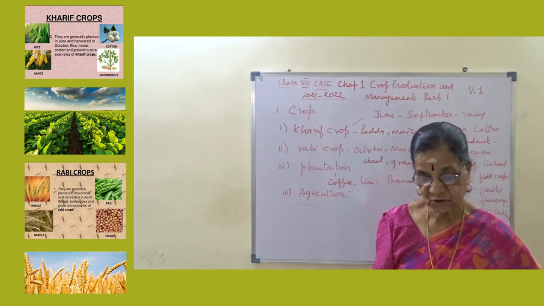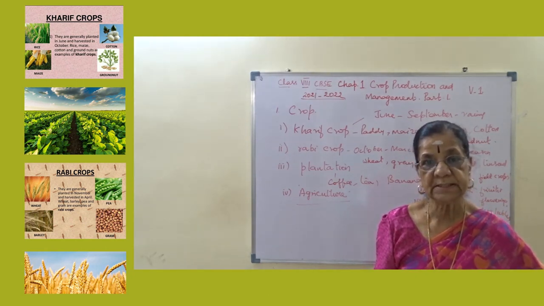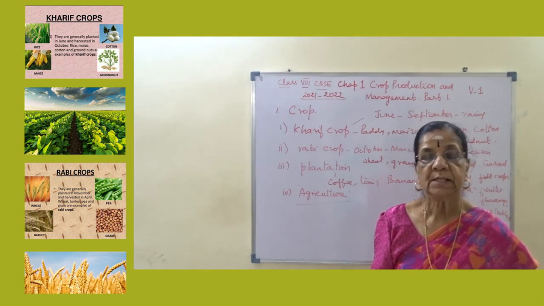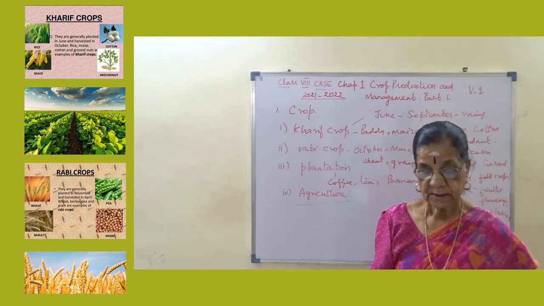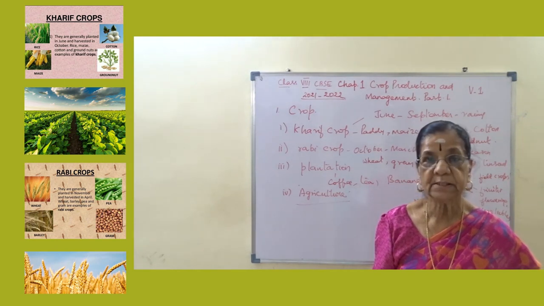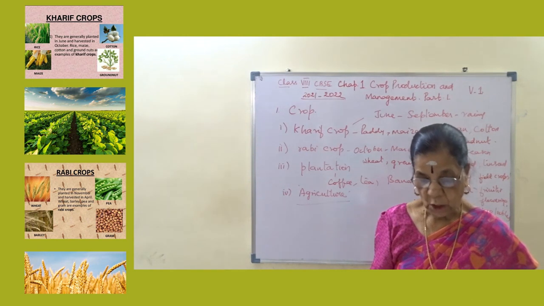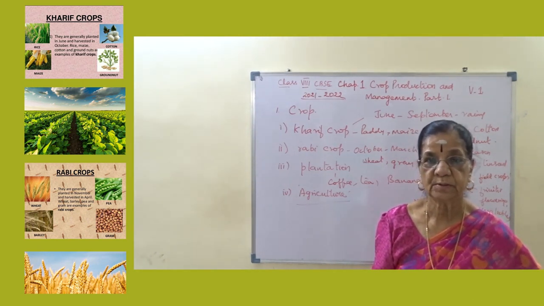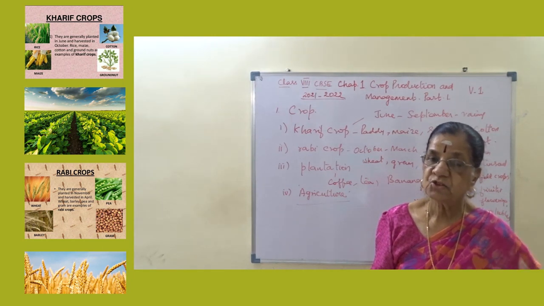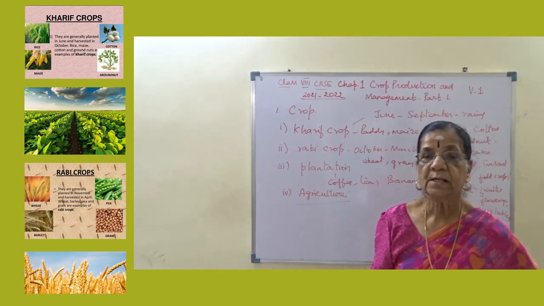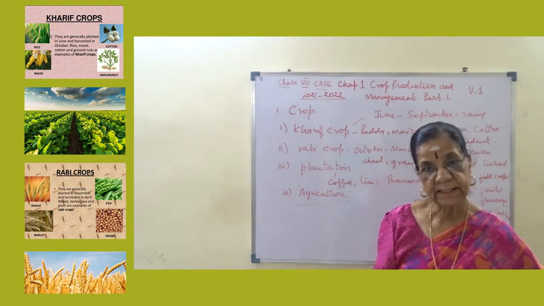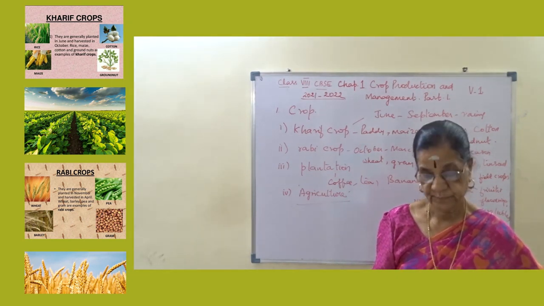And these crops are sown in the beginning of rainy season, between June and July. And they are harvested during September, October, at the end of monsoon.